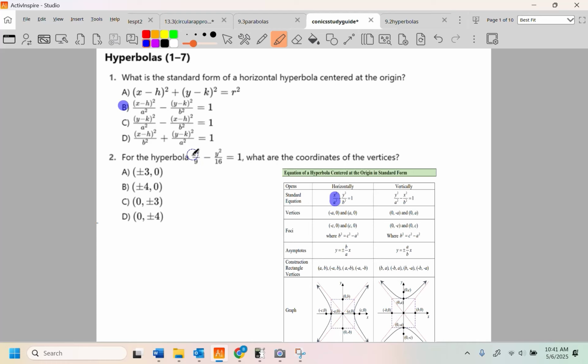And we're going to focus on the first part, because that's a squared, and a is the distance from the center to the vertex. Anyways, since it's x squared and y squared, it'd be centered here, and you'd go out 3 both ways, and then you'd have your hyperbolas. So your vertices are at plus or minus 3, 0.